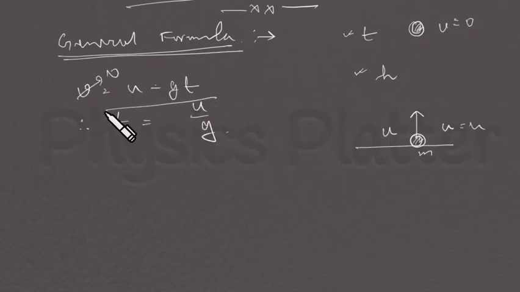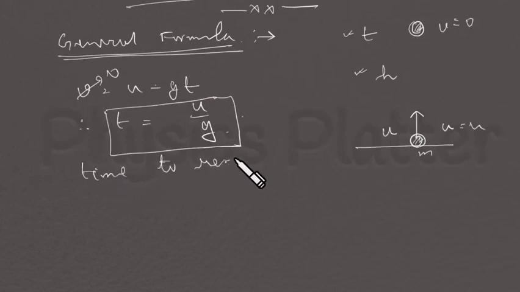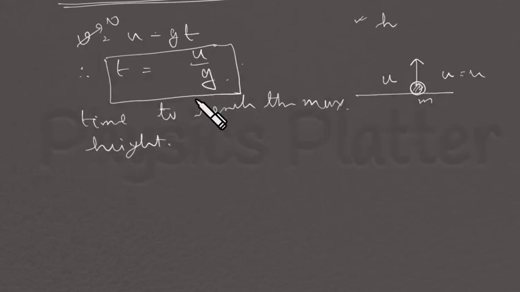That's what we found in the previous problem, and this is the general formula for the time taken to reach the maximum height. You can simply apply this anywhere the body is moving upward and reaches the maximum height.